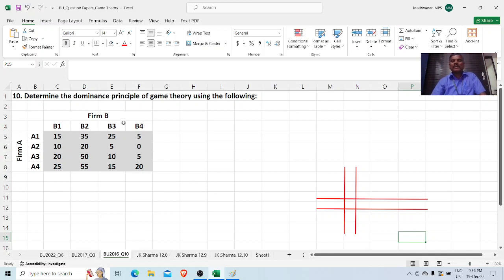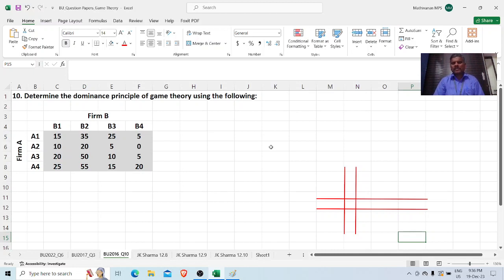Firm A, firm B. Here in this problem, it is mentioned that we need to use the dominance principle. As discussed earlier, when it is mentioned we have to use the dominance principle, the maximin and minimax principle may not be helpful for us.